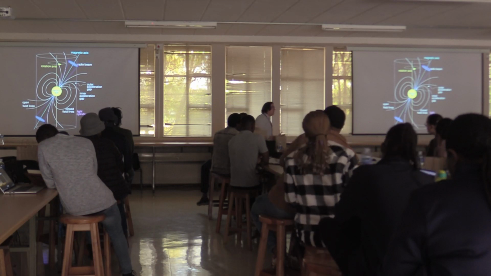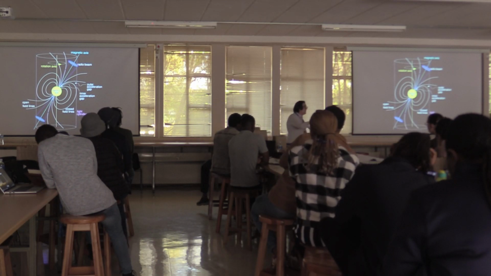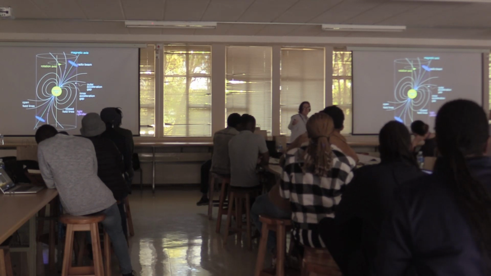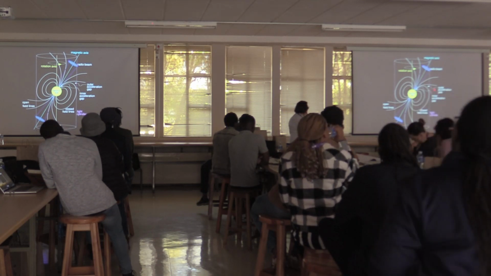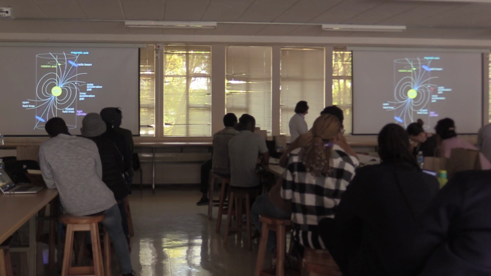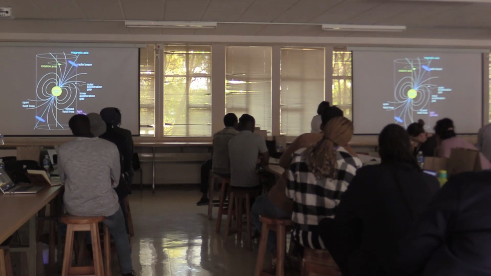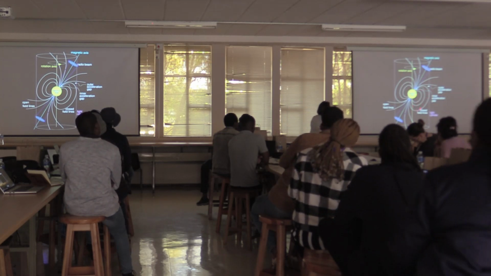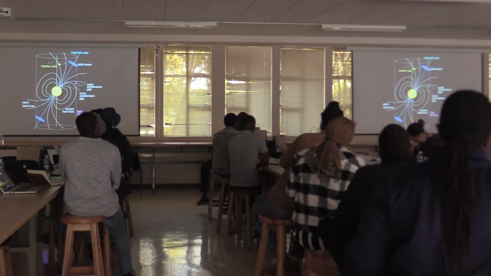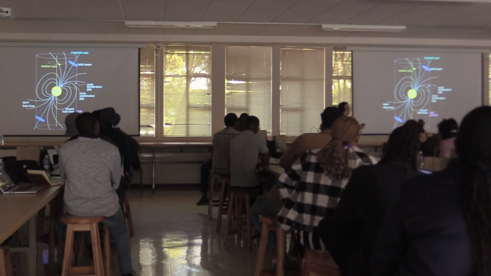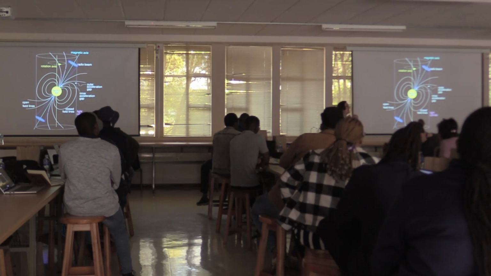That electric field is so strong that it's able to pull charged particles from the surface of the neutron star and accelerate them along these magnetic field lines. In this region where you have a closed magnetic field, that region is filled up with these particles. It creates a plasma that is co-rotating with the neutron star.